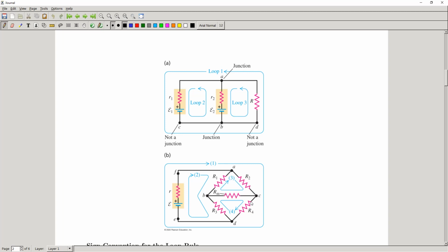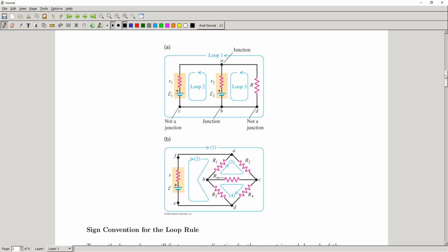We can't just keep going around and around the loop and getting more and more, or less and less potential at A, right? The potential has to be the same. So really Kirchhoff's second rule here, where any closed loop has to return us to the same potential, is somewhat intuitive, and so that's always kind of nice to work with.